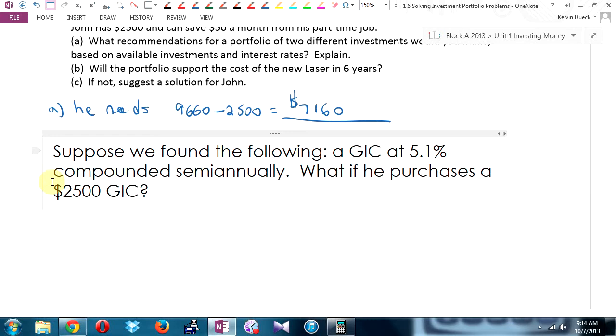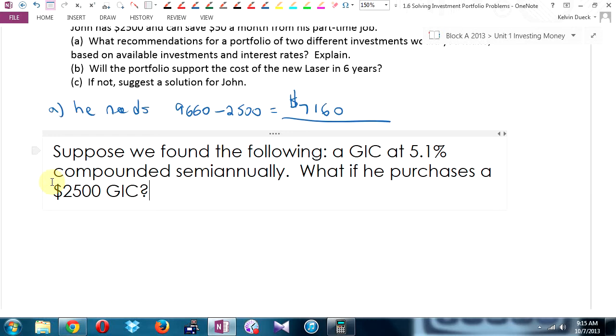They want me to break this up into two chunks. He's going to purchase a $2,500 GIC, guaranteed investment certificate, but those you purchase you can't make payments on. So he's also going to take that $50 a month and invest it in a different plan under different terms. It's a more complicated question. If we were just doing one single investment, yeah, totally.